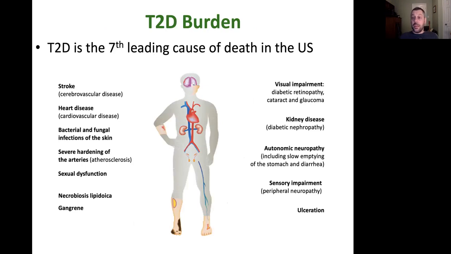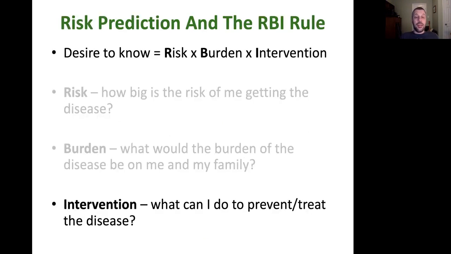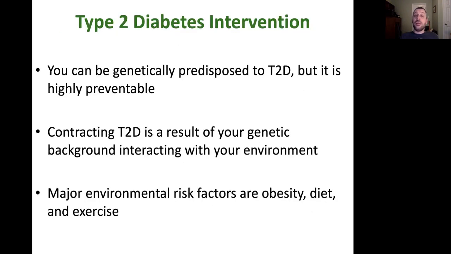Burden: if you're talking about type 2 diabetes as our case study, it's the 7th leading cause of death in the US, and has all sorts of phenotypes that are not fun. So the burden is pretty high. What about the intervention for type 2 diabetes? Well, it's highly preventable based on your interaction with the world, because the environment has a big impact on whether or not you get this disease.